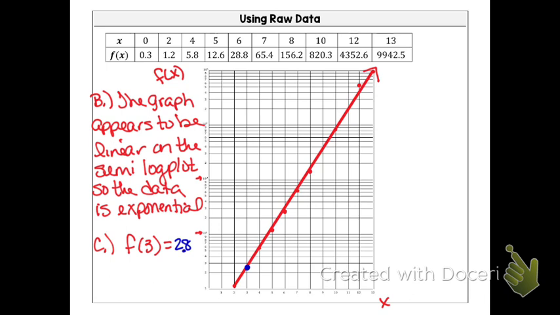Watch your scale, just to prove my point. And then f of 9, right in there, so between 300 and 400, maybe about 350-ish. As long as it's between 300 and 400, you're good, okay?